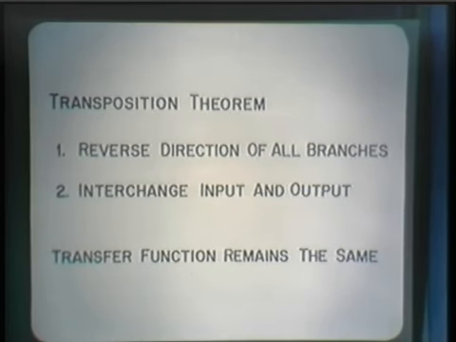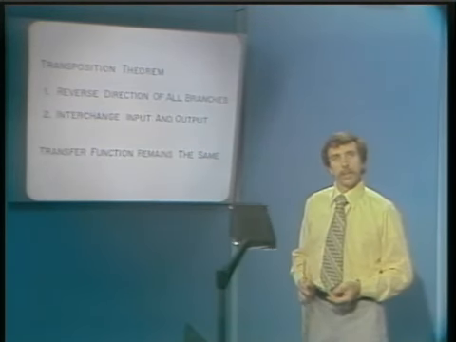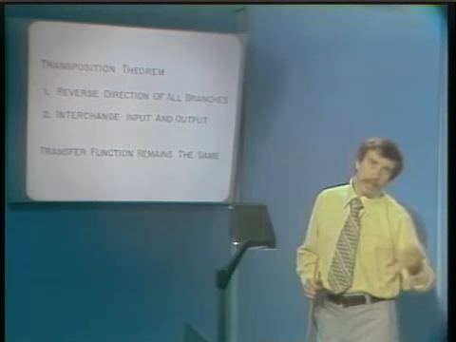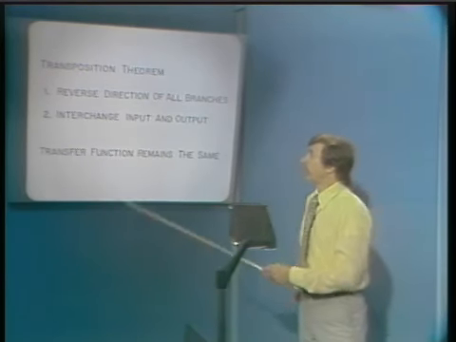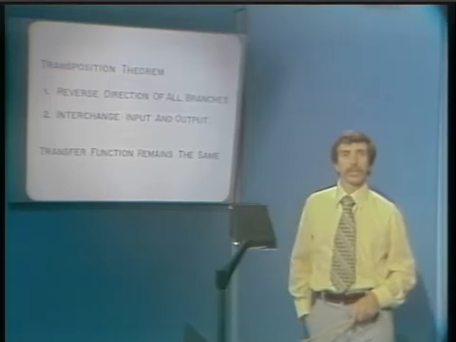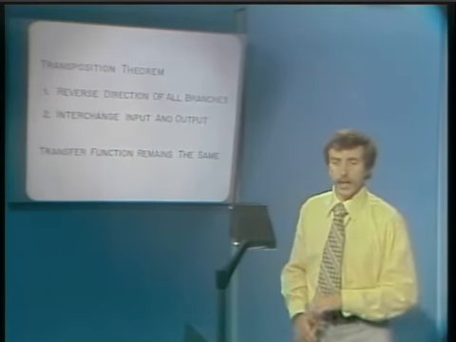So it says, take the network, reverse the direction of the branches, put the input where the output was, take the output where the input was, and what you find is that the transfer function of the system is exactly the same.